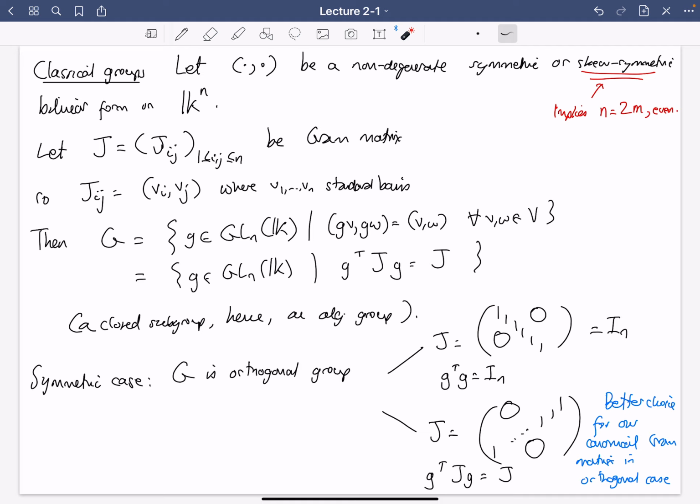But I'm weirdly going to pick my basis so that this is my preferred choice of gram matrix, and I'm going to call this the orthogonal group On of K in coordinates. So I'm going to use this skew diagonal Gram matrix when I talk about the orthogonal group. I know that's unconventional. Normally you would pick that equation, but I'm picking that one.